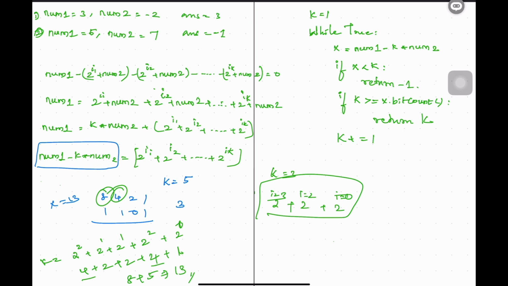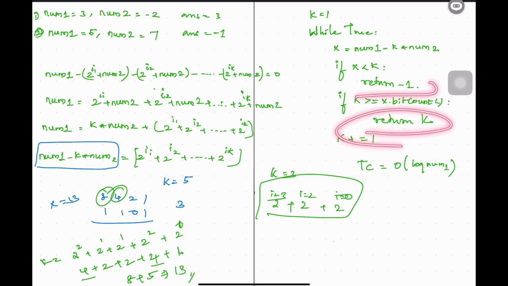The time complexity for this will be order of log of num1, because every time we are decreasing num1 based on k and num2, so for sure it will run about half of num1 times, and once x goes less than k, then we return -1.